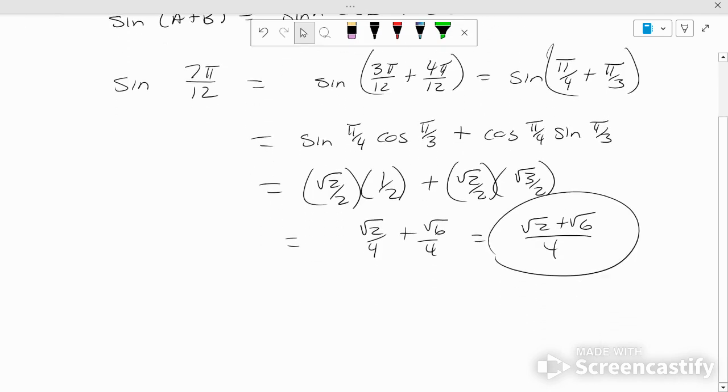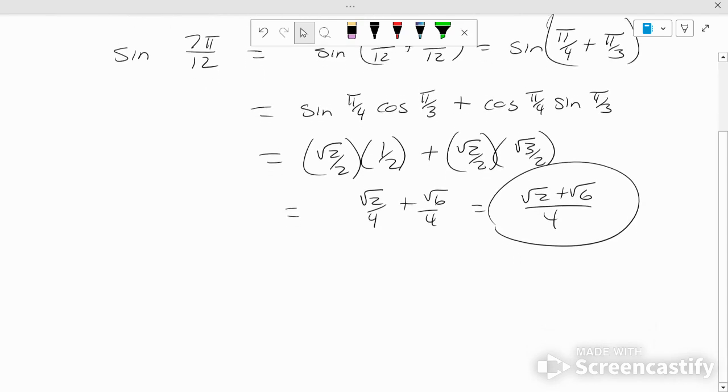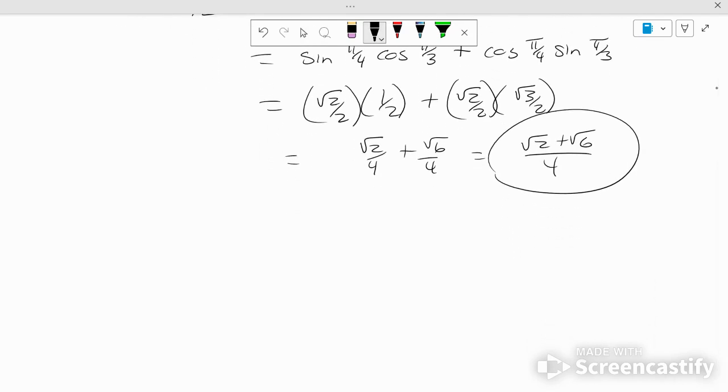Tangents are a little more complicated. Okay? So, let's say we have the tangent of 165 degrees. What two angles add up to 165 degrees? 135 and 30.